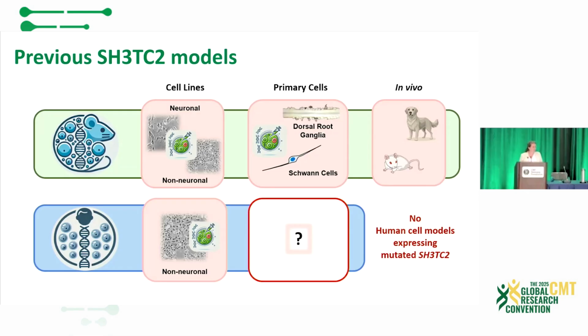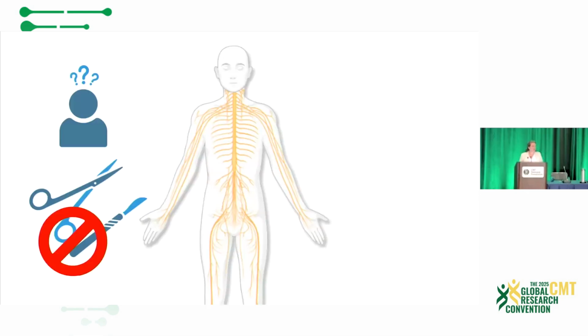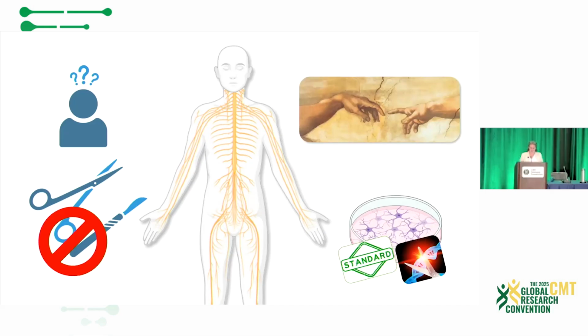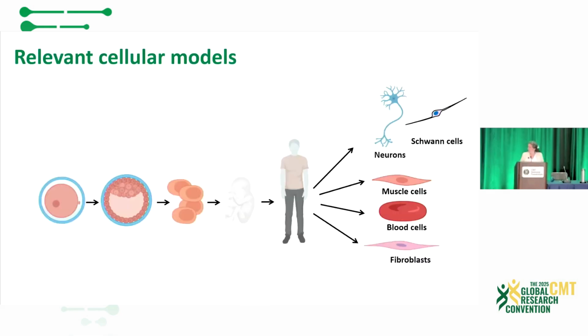So we wanted to create them, but we couldn't remove Schwann cells directly from the patients. We decided to create these cells using the iPS strategy, but also the CRISPR-Cas9 strategy. Here is the development: embryonic stem cells give a fetus and then an adult body, in which you have differentiated cells.